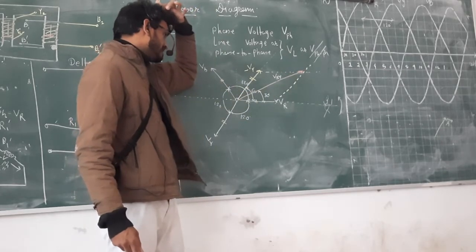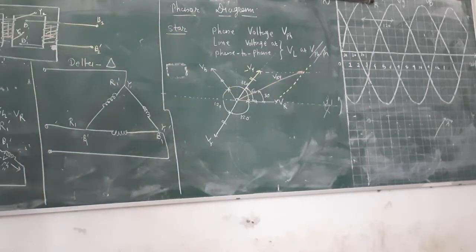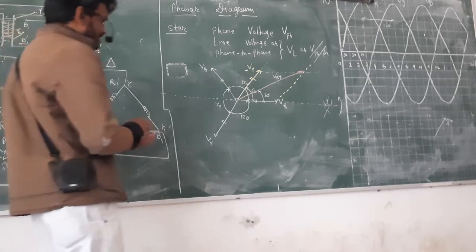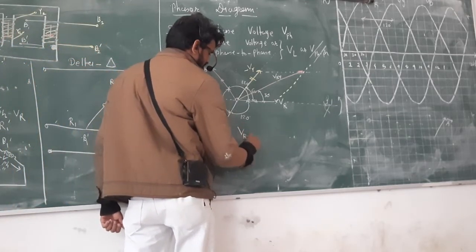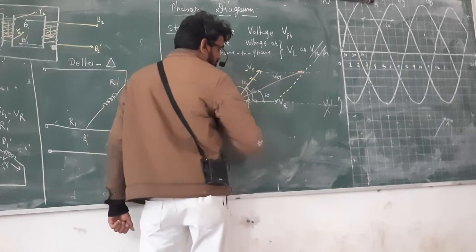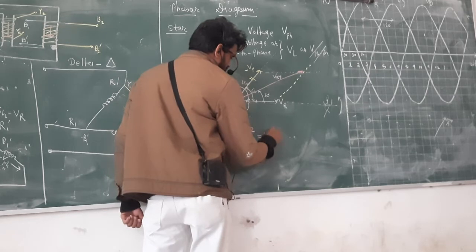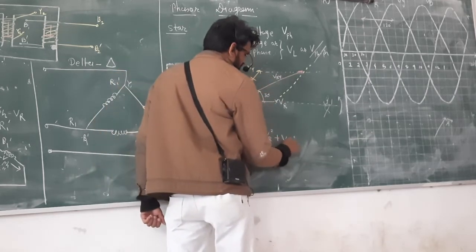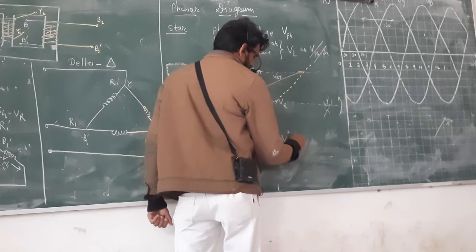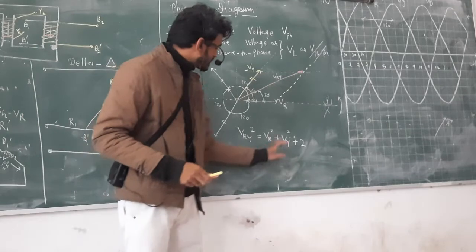And the key thing is, what is the magnitude? Okay. So the magnitude for VRY, we will apply this rule: VRY square, by vector addition, is VR square plus negative Vy square, that means Vy square, plus 2 Vr Vy. Take only the magnitude.